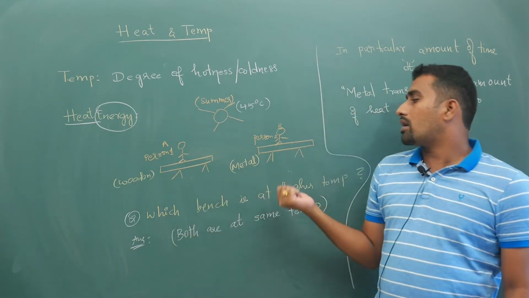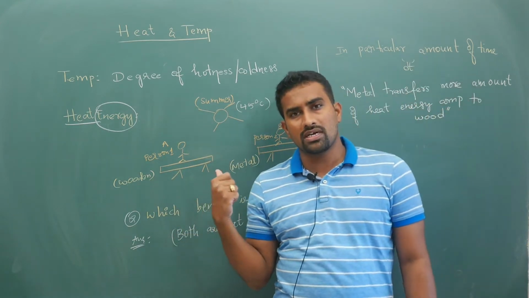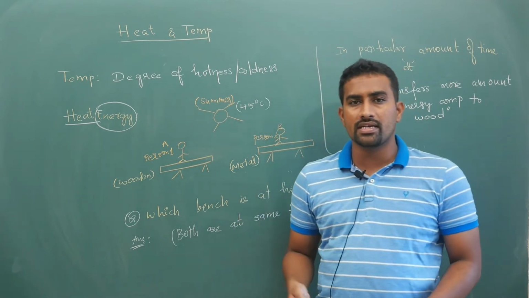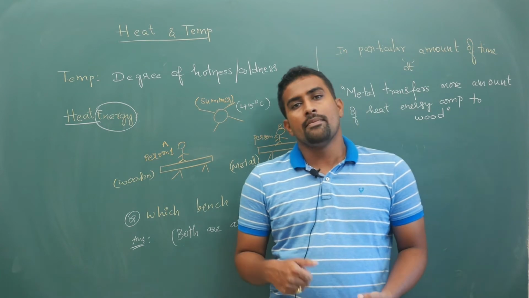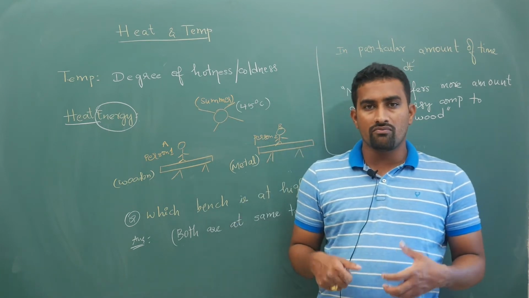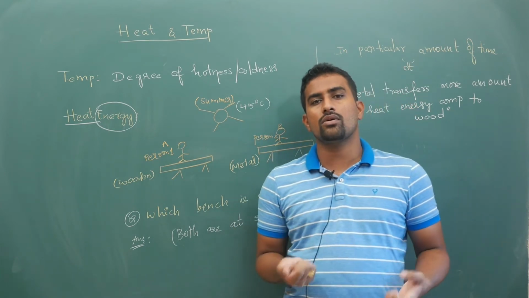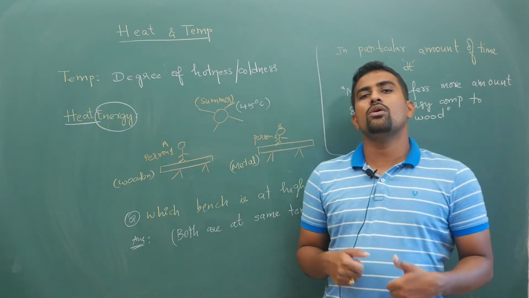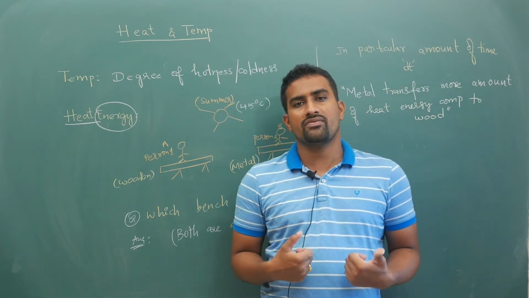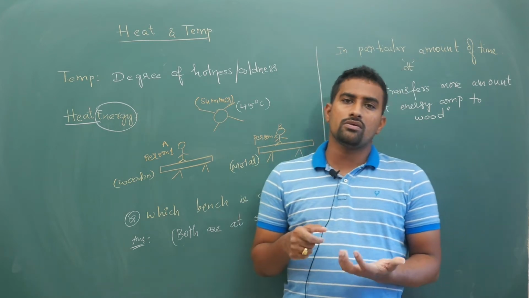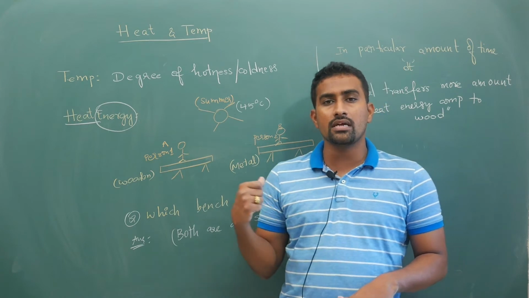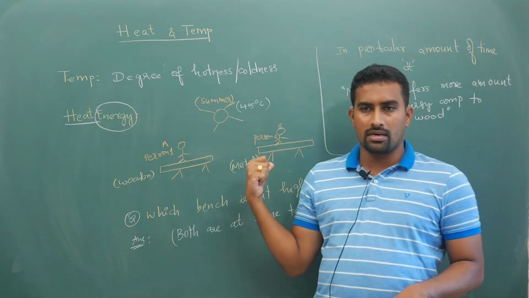As a result, when we sit on this metal bench, in that short span of time, more heat energy is given by this metal into our body. So we feel more hotness or coldness because in a particular amount of time, more heat energy is transferred into our body when we are sitting on the metal bench.